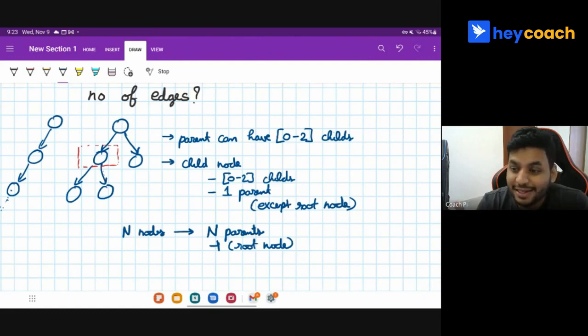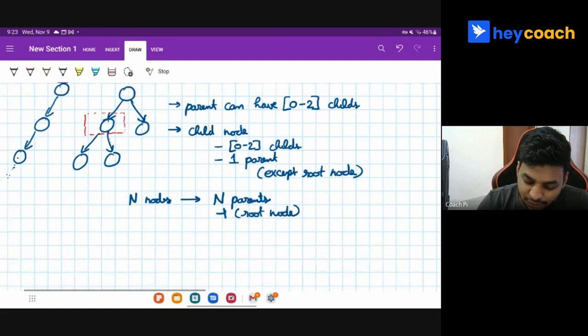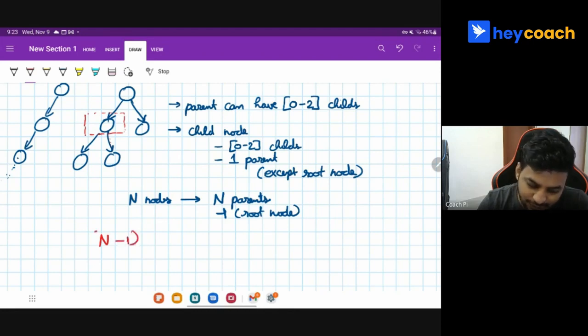Then we concluded it can have further 0 to 2 children, or it can have only one parent association, and that is except the root node. The root node won't have any parent, right? So from there we concluded that the total number of edges in a tree with n nodes is n minus 1. Total number of edges, my bad. Number of edges.